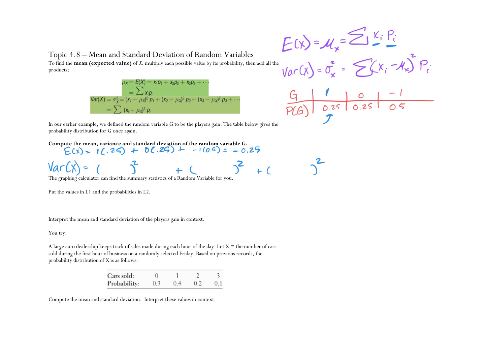Why? Because there's 3 possible outcomes. Good so far? So what are my 3 possible outcomes? The 1, the 0, and the negative 1. So those are going to go here.